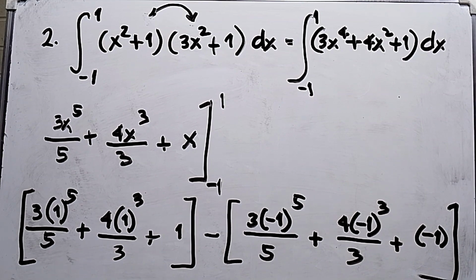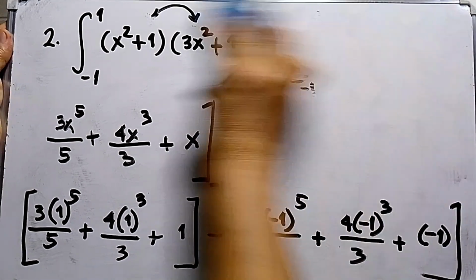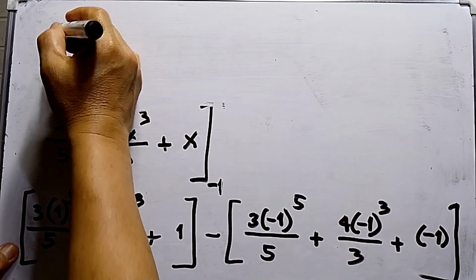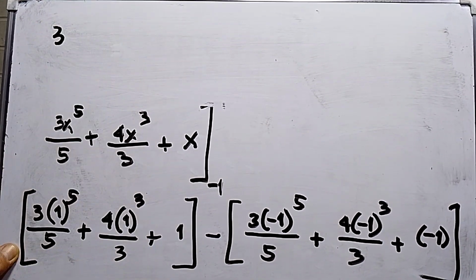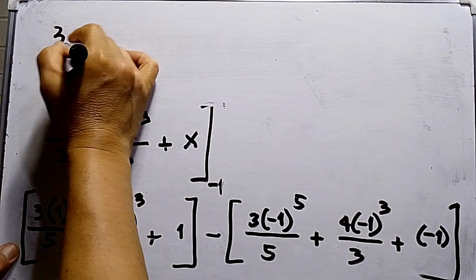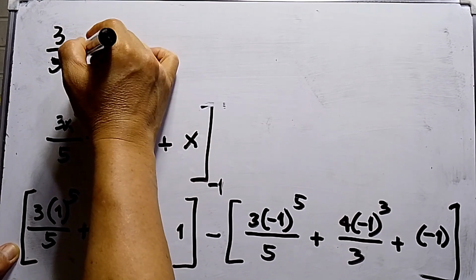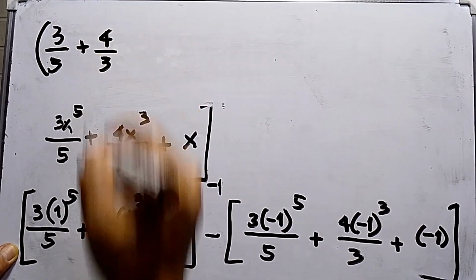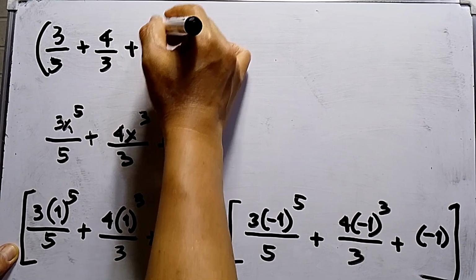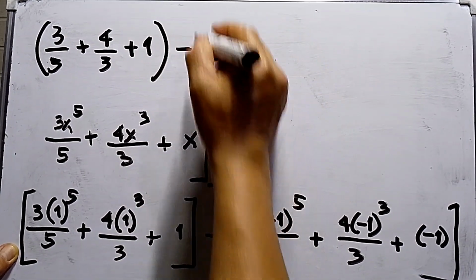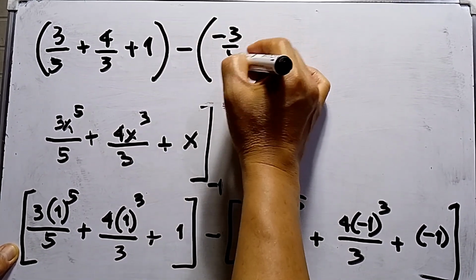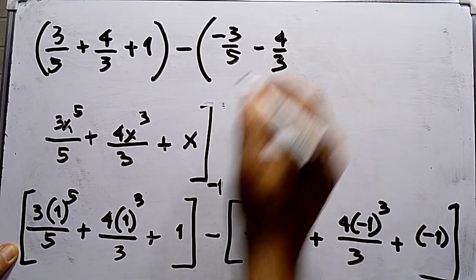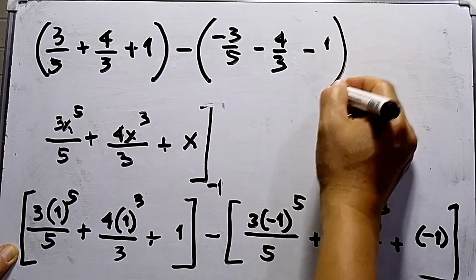Okay, so this will be 3 over 5 because this is 1, then plus 4 over 3 then plus 1, minus, this one will be negative 3 over 5, then minus 4 over 3 and then negative 1.